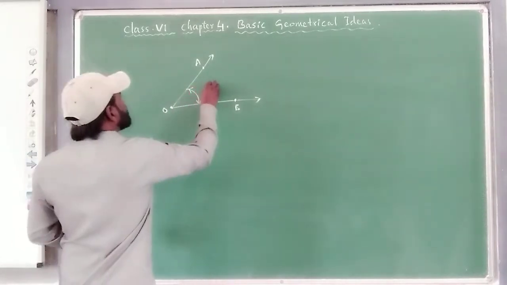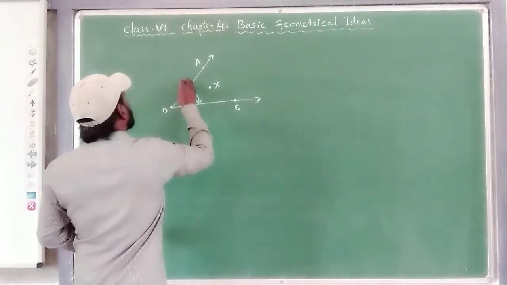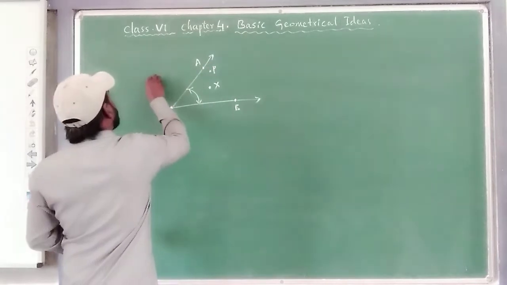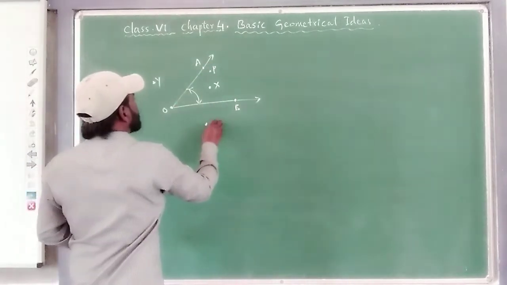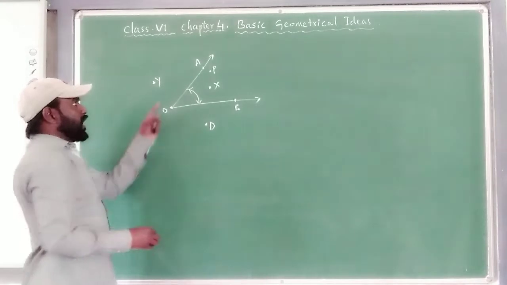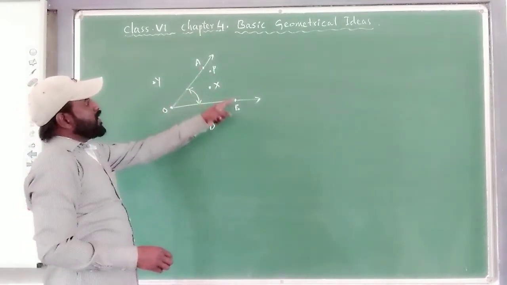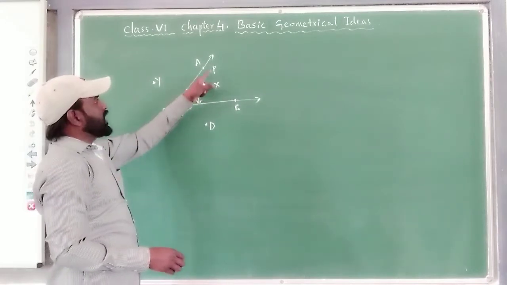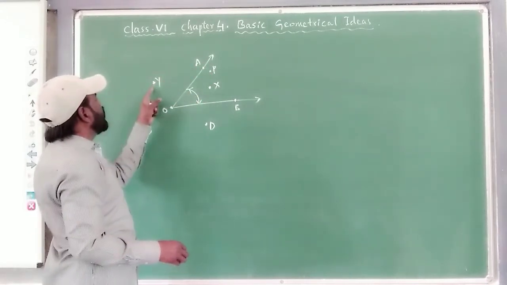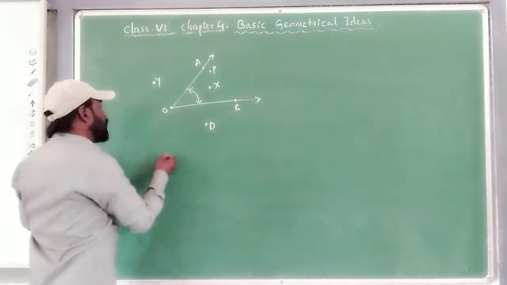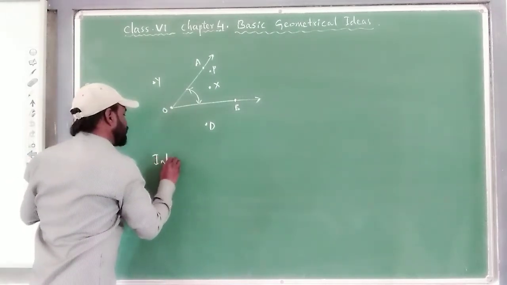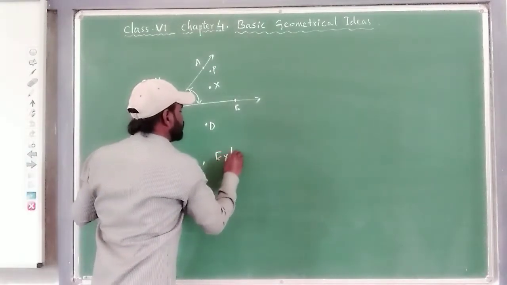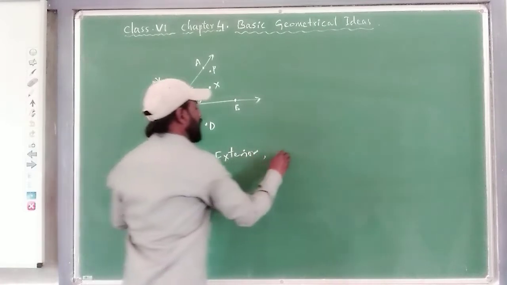If I name some points, suppose here X, somewhere P, here some Y, here some D. Now you see, O, A, B are on the rays, right? And X and P are inside and Y and D are outside. So the interior region, exterior and on the boundary.